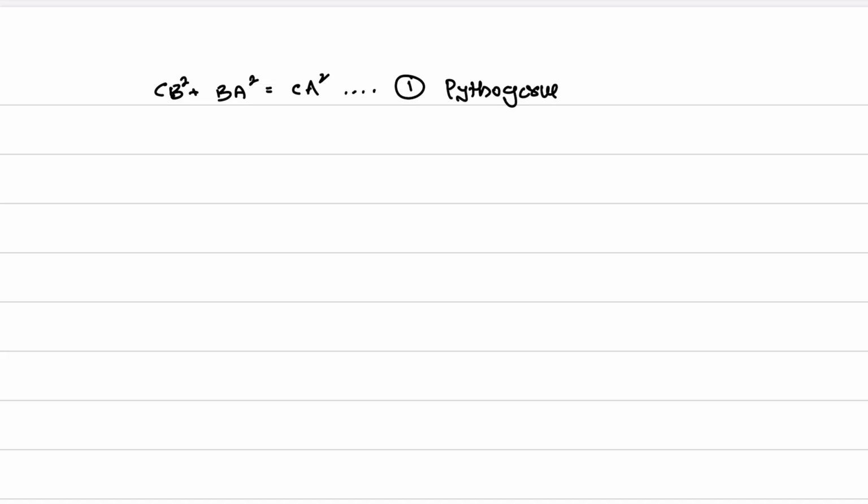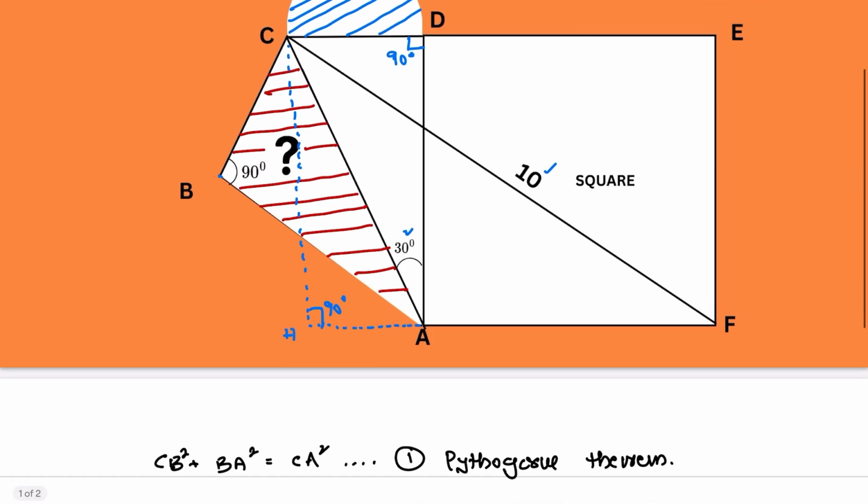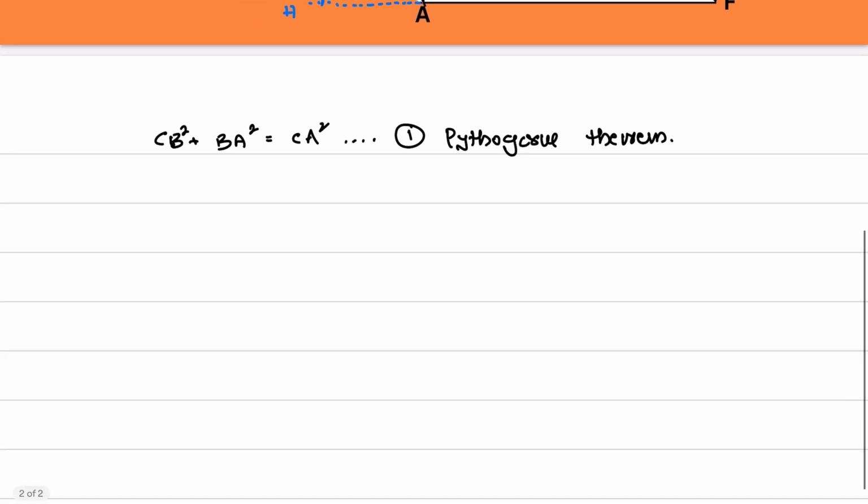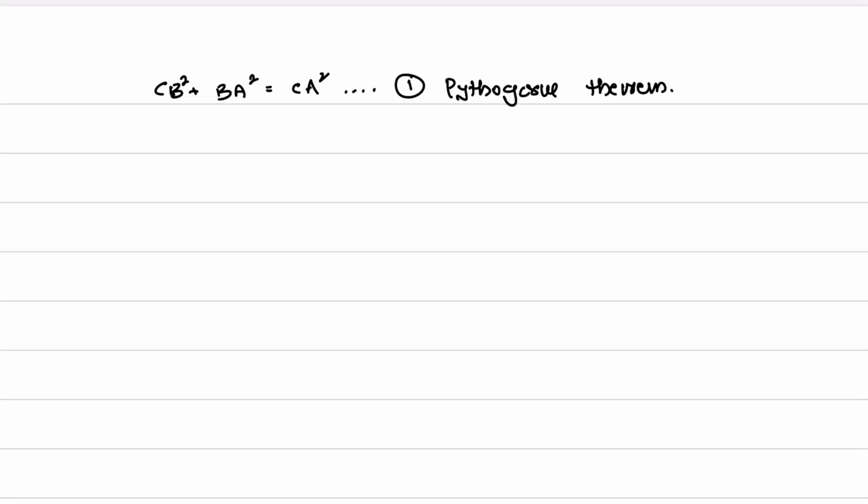And again, as we have seen, when we draw a perpendicular CH, then CH square plus HA square is also CA square. This is another equation. This is also as per Pythagoras theorem only.